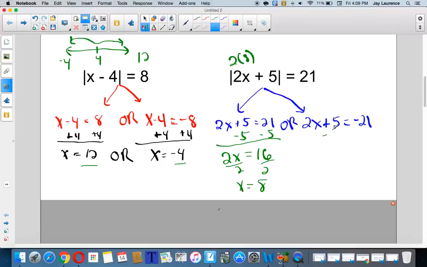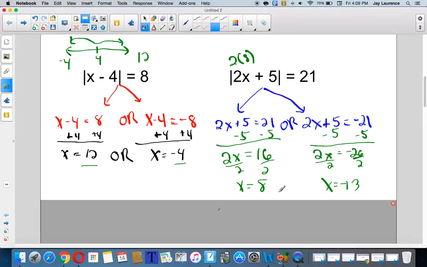All right, let's come over here. Subtract 5. Subtract 5. I'm going to get 2x equals negative 26. Then I'm going to divide by 2. And I'm going to get x equals negative 13. I just want to point out to you, do you notice that you don't just get 8 and negative 8. You get two completely different numbers in many cases.